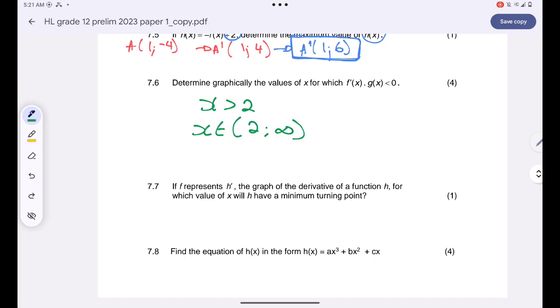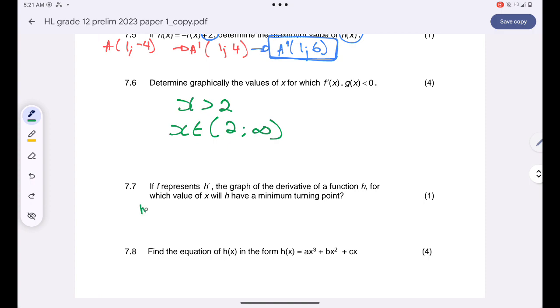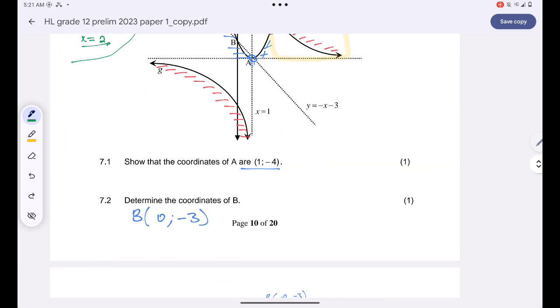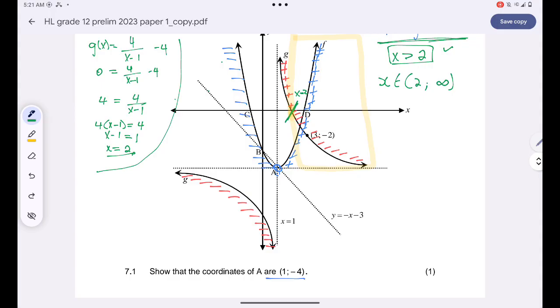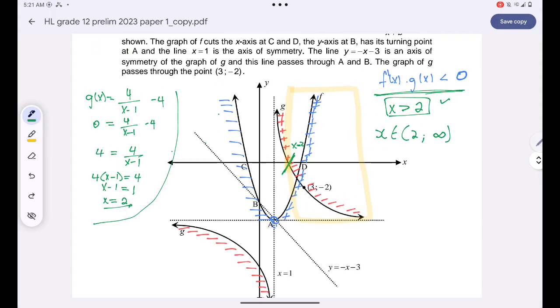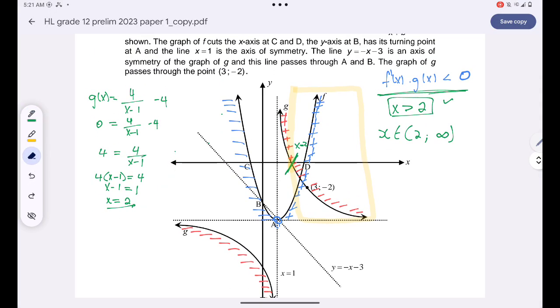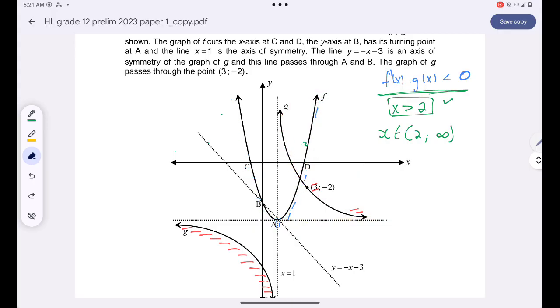We are told that h prime of x is equal to f of x. So they are asking us for which values of x will h have a minimum value. Let's erase these things over here so that you can write properly.